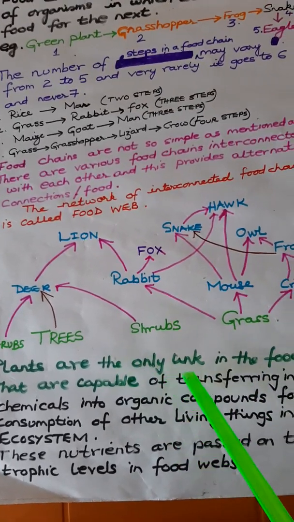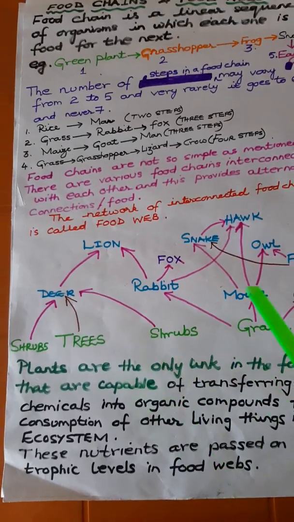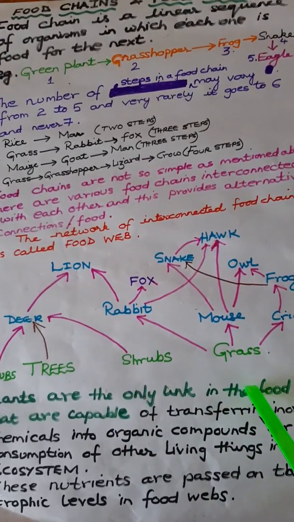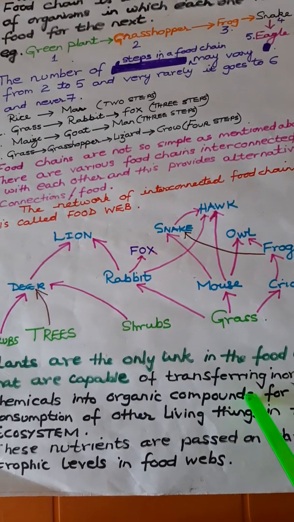Now plants are the only link in the food chain that are capable of transferring inorganic chemicals into organic compounds.